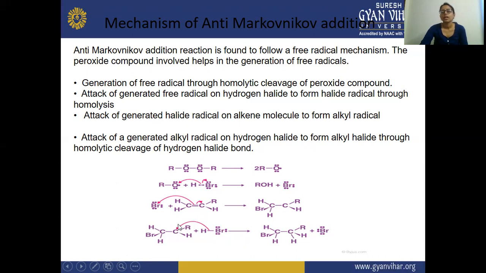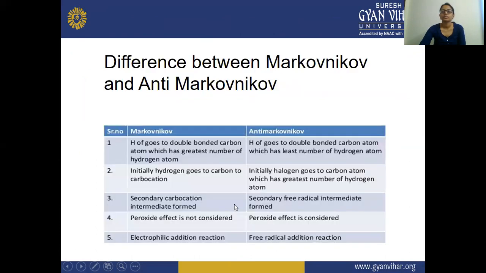So this hydrogen will attack this position of this carbon atom. Here again the Br free radical is left, which will attack another molecule of alkene in the reaction. So alkyl halide is formed through this reaction.